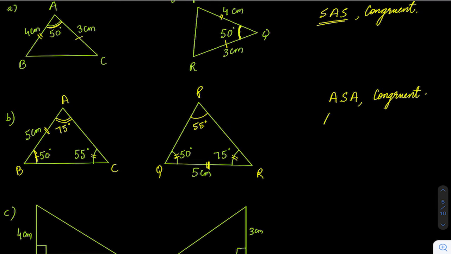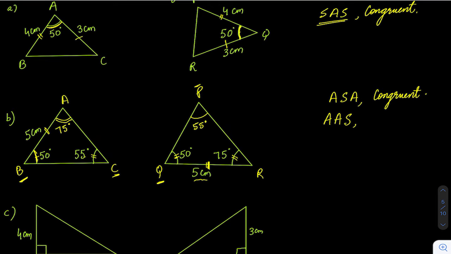Now you can use AAS also in this triangle. Why you can use AAS is, for AAS two angles should be the same and the side that is opposite to these angles is the same. So if I use 50, 55 and 5 centimeter, angle B is equal to angle Q and angle P is equal to angle C, and the side opposite to 55 degree is 5 centimeter, right?